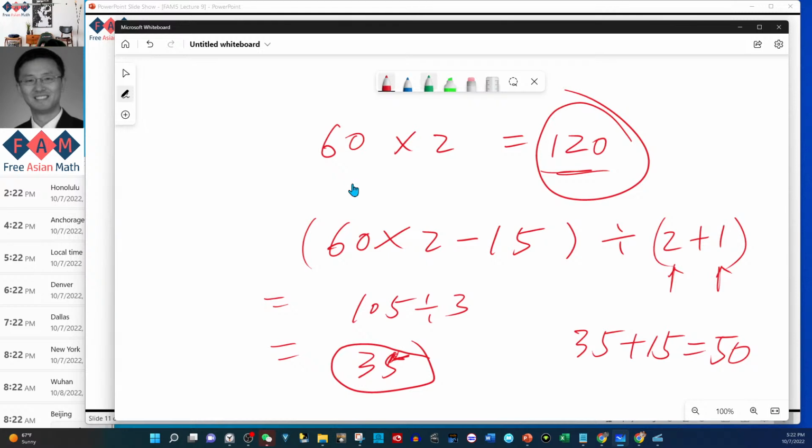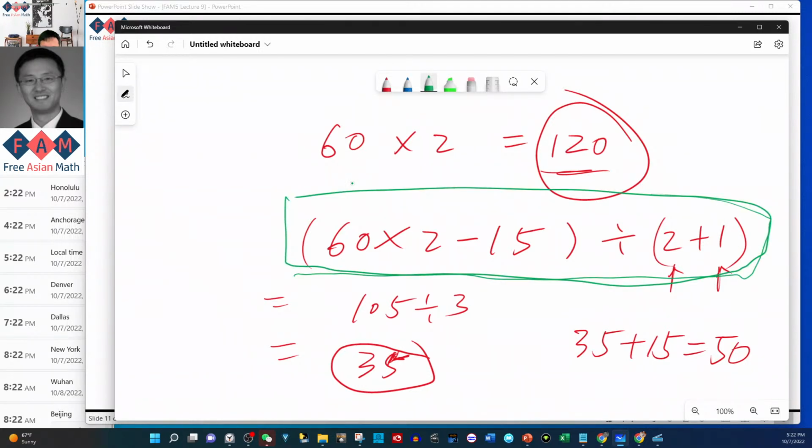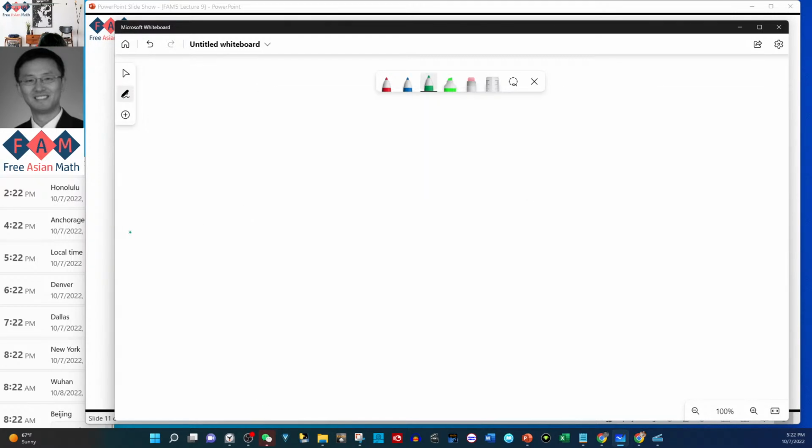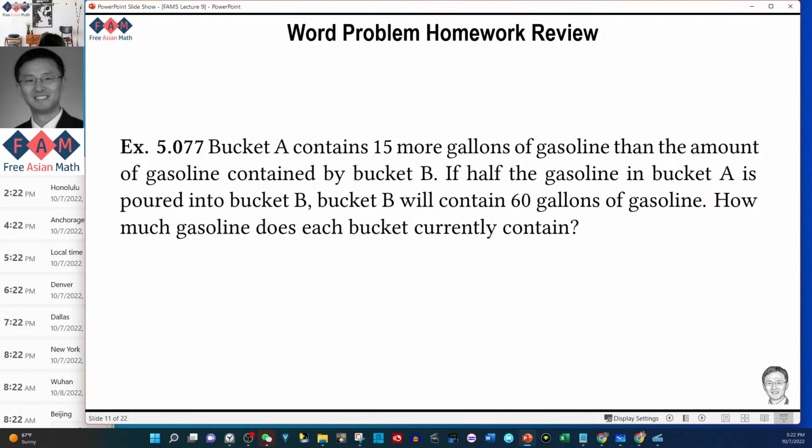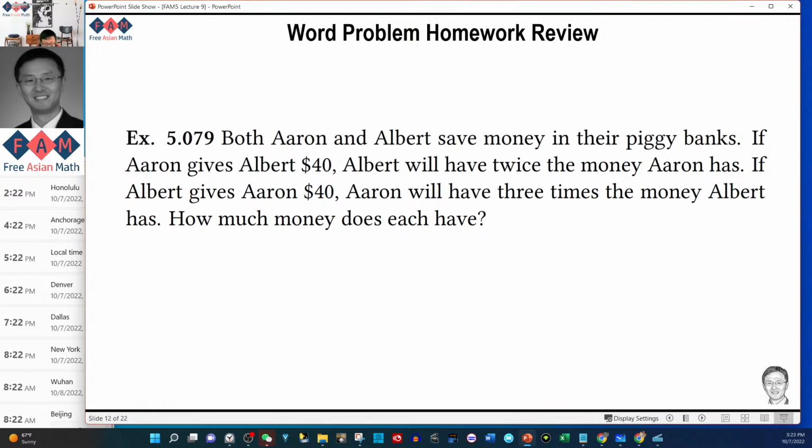Okay? So this may seem to use your imagination to do some trick. Now we will take a look at our next problem, which is much harder. This is 5079. Two young boys, Aaron and Albert, save money in their piggy banks.